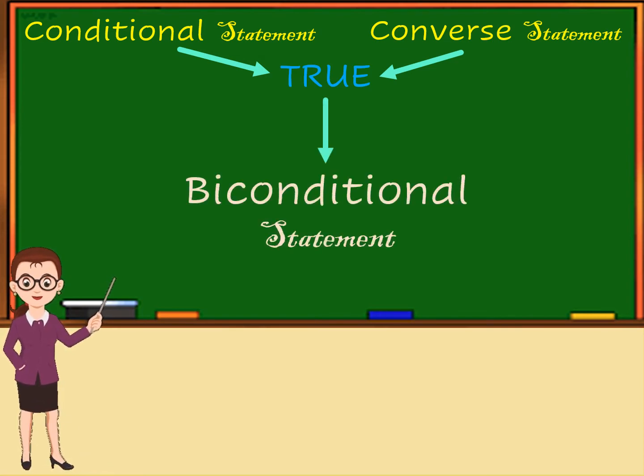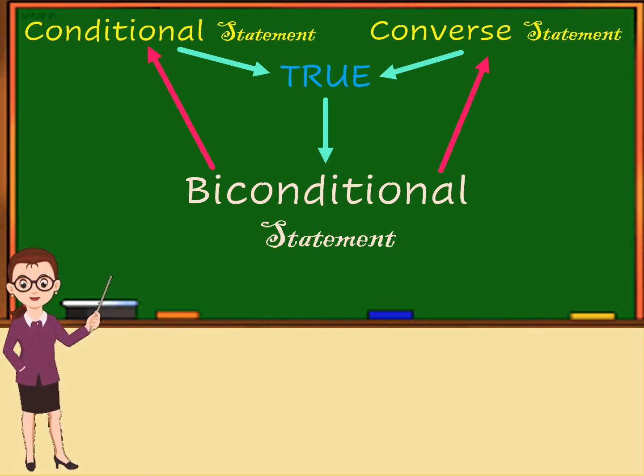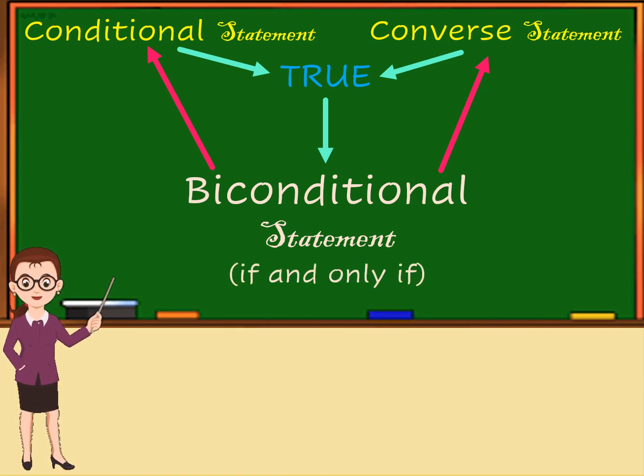A biconditional statement is a statement of two conditions that are both true statements. Hence, if you are given a biconditional statement, you can split it into two statements, the if-then form and its converse. The biconditional statement uses the word if and only if in the sentence.